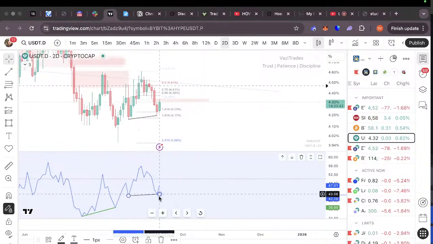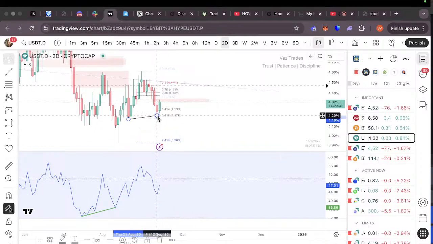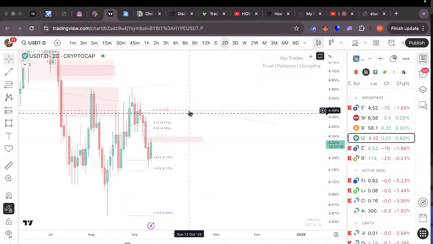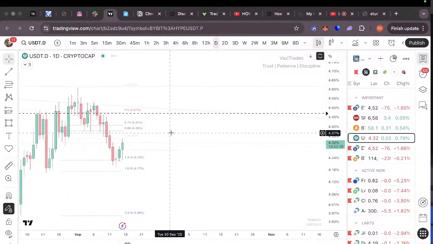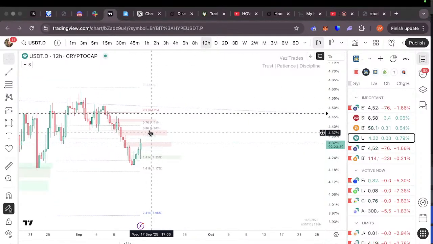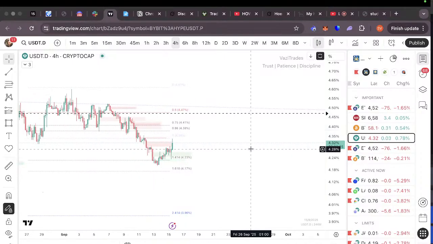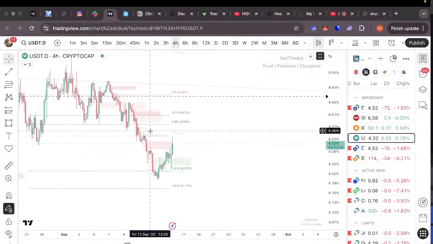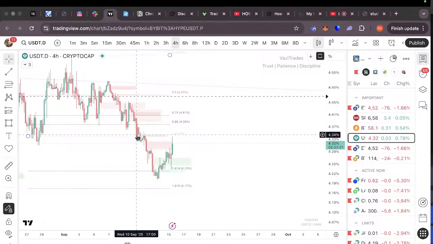Let's see where is the resistance on USD dominance, where we should pay attention very carefully. So daily, it doesn't show any FVGs. On 12 hours, there are a lot of FVGs. On 4 hour, currently it's below the resistance, then it comes here.